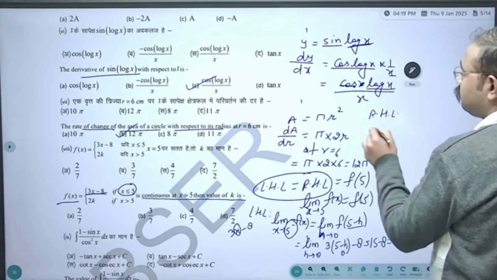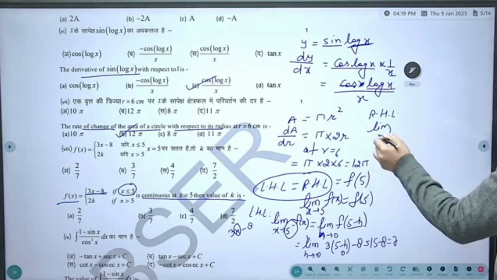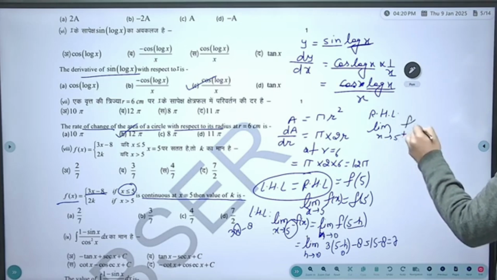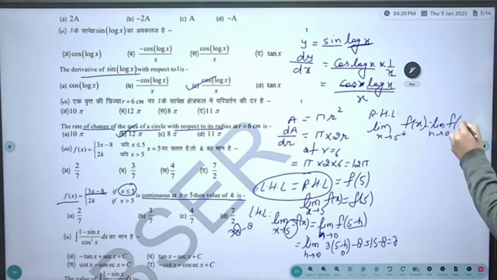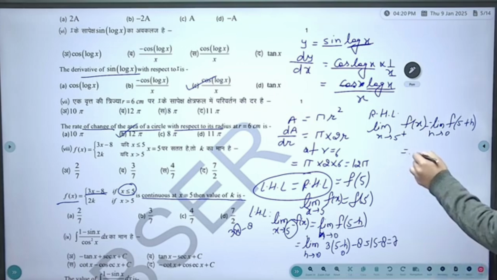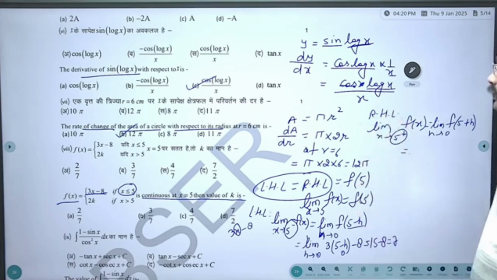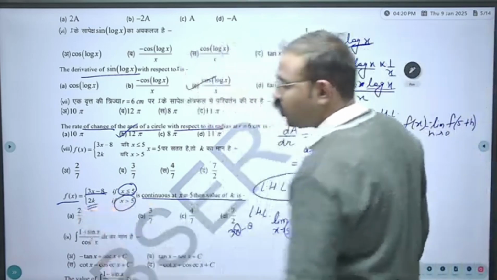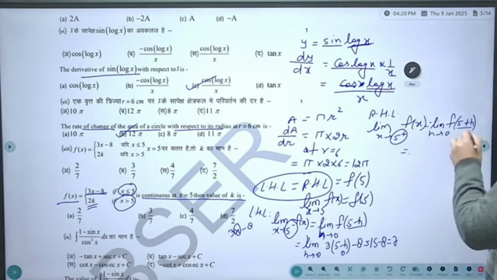Then after, right hand limit, what will be? Limit x tends to 5 plus fx, or limit h tends to 0 f of 5 plus h. And here in this condition x is greater than 5, and for x is greater than 5 our function is 2k, and in this at the place of x we have to put 5 plus h.